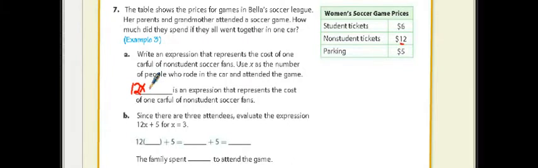Parking. So 12x plus 5. Does each person have to pay for parking? No, just per carload. So now we're going to solve it. Since there are 3 attendees, evaluate the expression 12x plus 5 for x equaling 3. So it's going to be 12 times 3 plus 5. What's 12 times 3? 36. 36 plus 5 is 41. So it's $41.